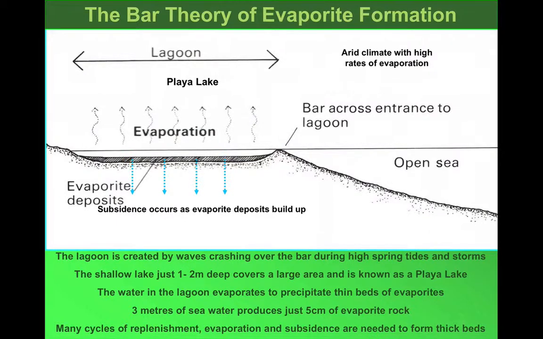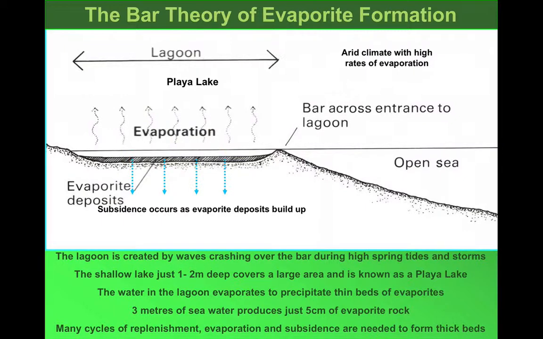Where we have an input of salty water, so that could be surface runoff in a desert, or could be seawater that's able to only at certain times get into a lagoon. With a lot of evaporation, very quickly that water will become oversaturated with the dissolved minerals. When that happens, we'll get precipitation of those minerals at the bottom of the lagoon or the lake.